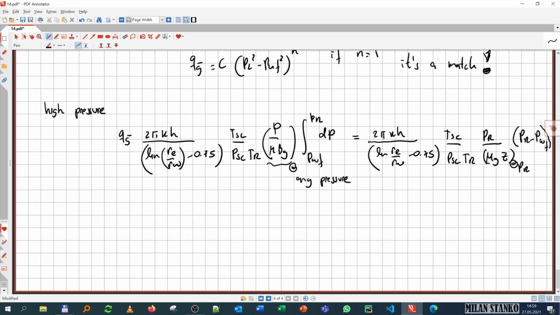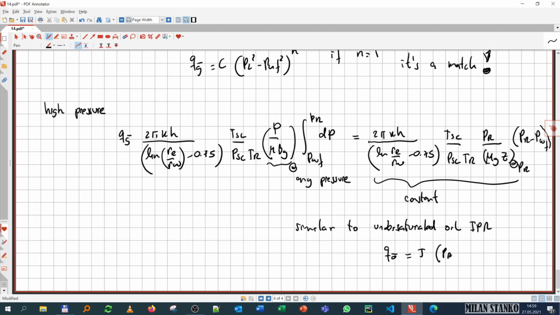All of this is going to be a constant, and this is the only thing that is changing. So now this is similar to an IPR, similar to the undersaturated IPR, which was Q oil proportional to PR minus PWF. They are very similar.